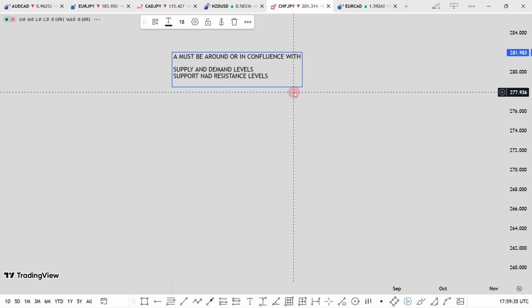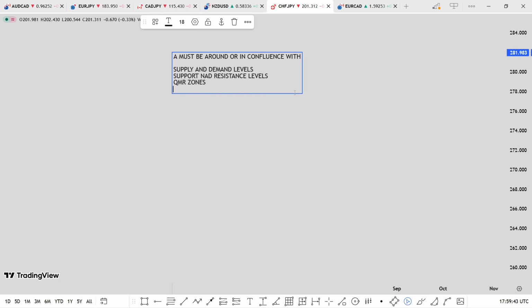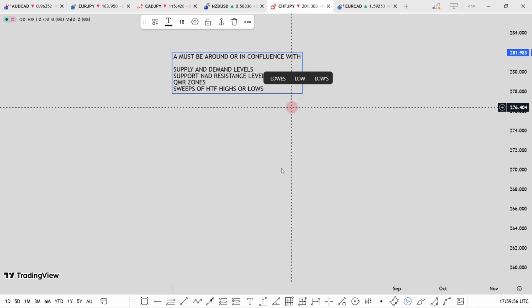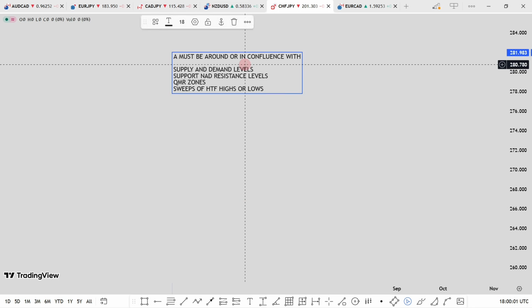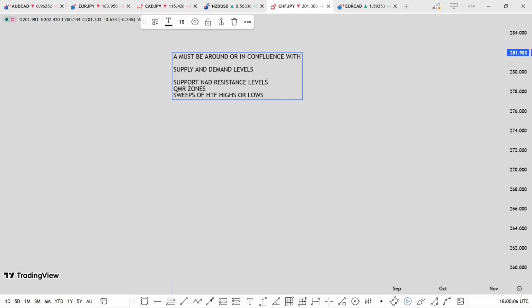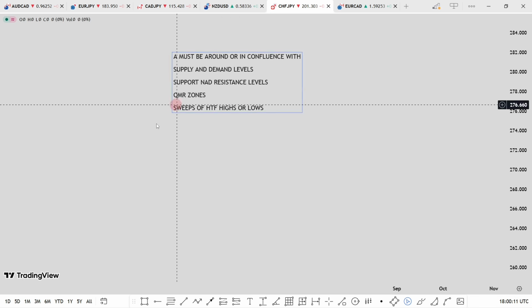We have QMR zones, and then we have sweeps, so sweeps of higher time frame highs or lows. So essentially, for both uptrend and downtrend, a highly probable L.E trade must be in confluence with any of these levels, zones, or areas on the market.